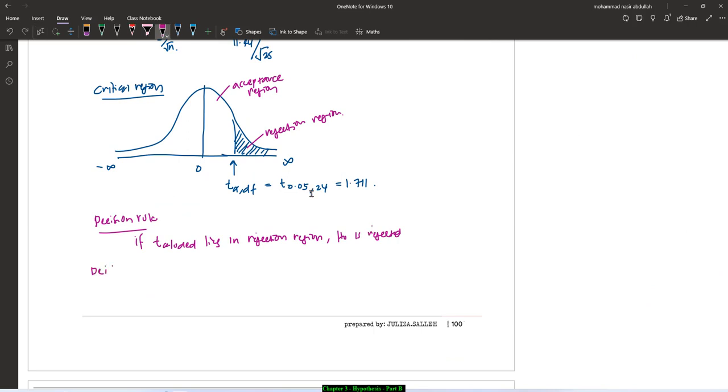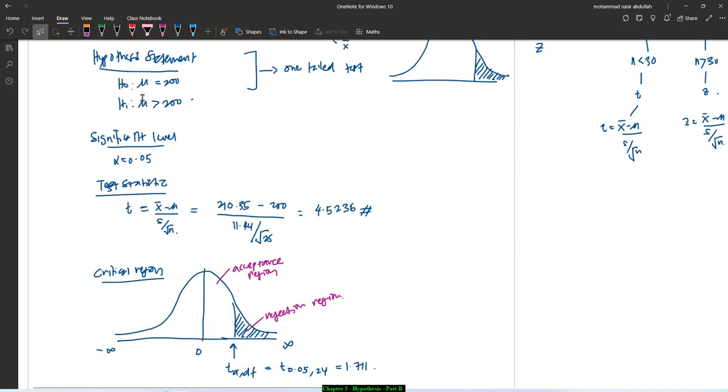Then next is our decision. So our decision is, since T calculated is equal to 4.5, which is more than 1.711, the null hypothesis is rejected. So next, since we reject the null hypothesis, we can conclude the alternative hypothesis.